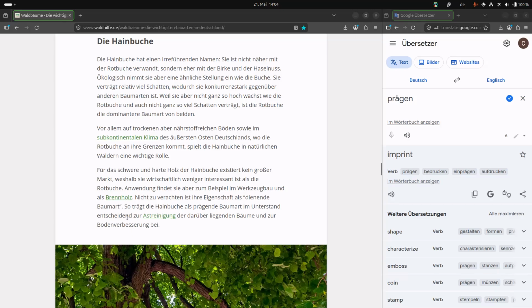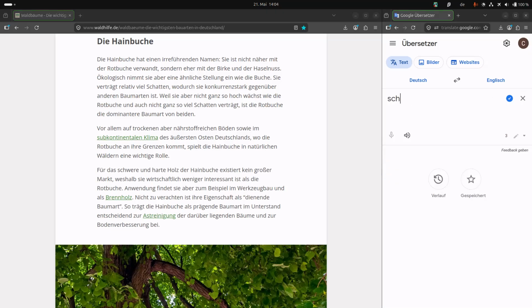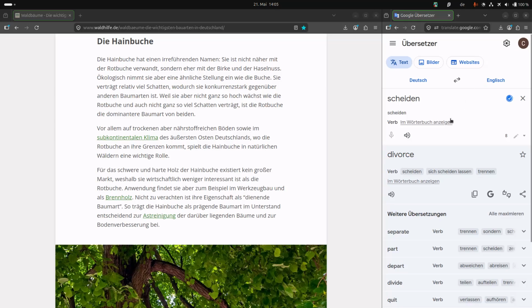Entscheidend, decidingly, this derives from the word scheiden, which means to divorce in general, but it derives from the meaning of separating something into two or more pieces.